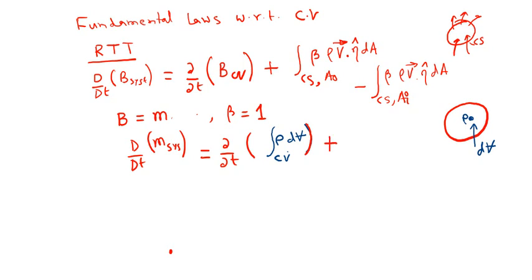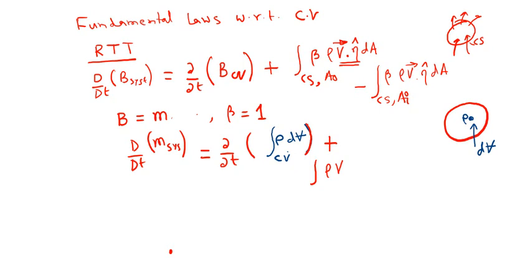Then what is the adjusting term? The adjusting term is the rate of mass that is going out through the control surface, that is simply integration of, beta being 1, rho V dot eta cap. Now what does V dot eta cap mean?